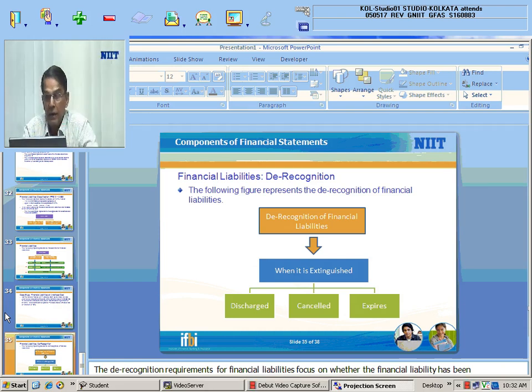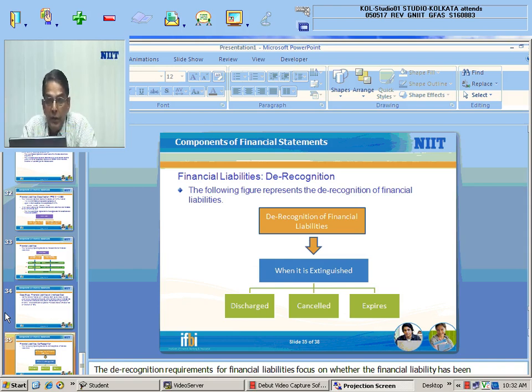So when the liability or obligation specified in that particular contract is either discharged, like say the bond is redeemed, when the bond matures it is redeemed, so the liability and the interest is paid, so the contract is discharged, or it gets cancelled, or it expires. So in one of these three events the liability is extinguished and the financial liability should be recognized.